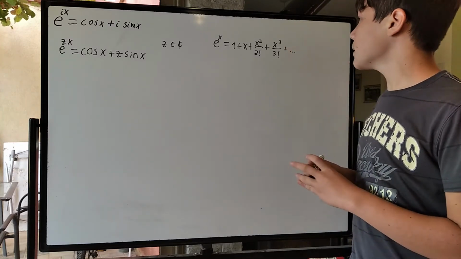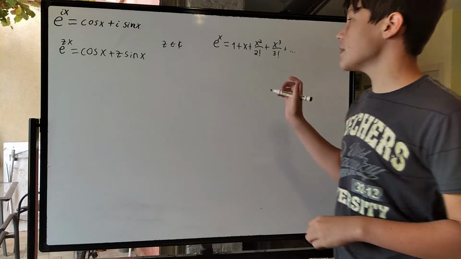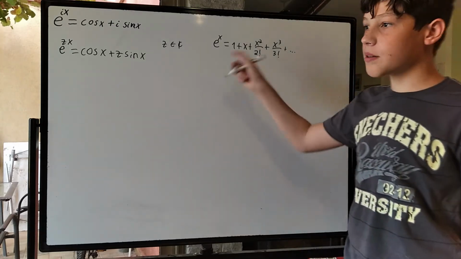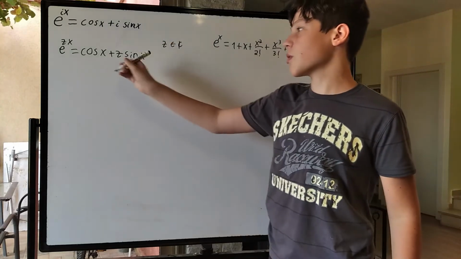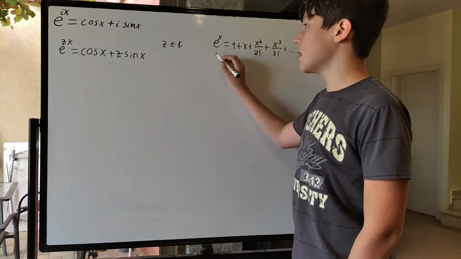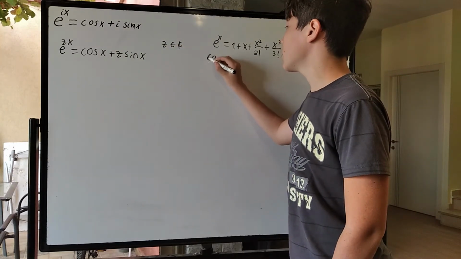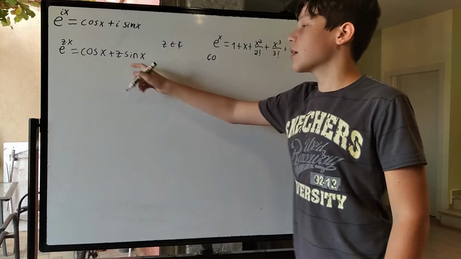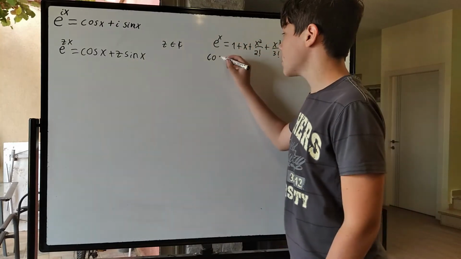So let's begin. I already wrote the Taylor series for e to the x. I'm gonna write the one for cosine and sine, so it's easier to get the Taylor series of this and of this.